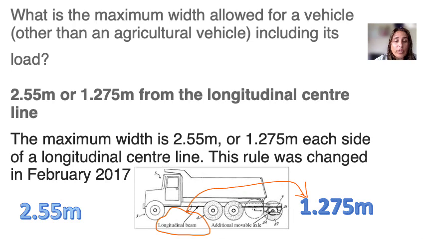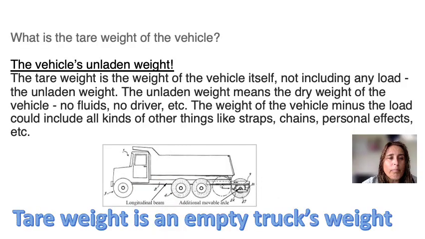So an agricultural vehicle is a farming vehicle, including its load. 2.55 meters or 1.275 meters from the longitudinal center line. The maximum width is 2.55 meters or 1.275 meters each side of the longitudinal center line. This rule was changed in February 2017.